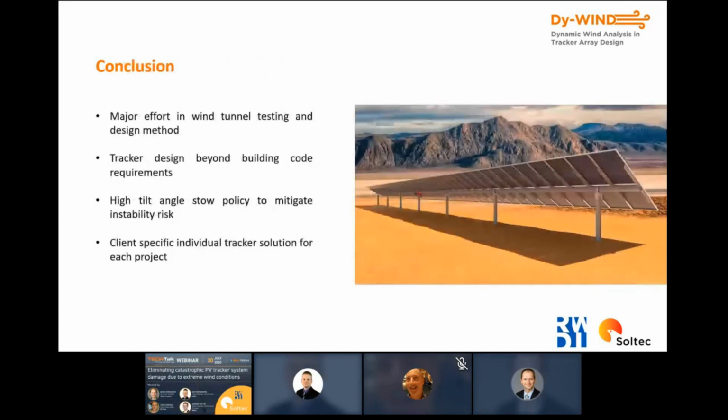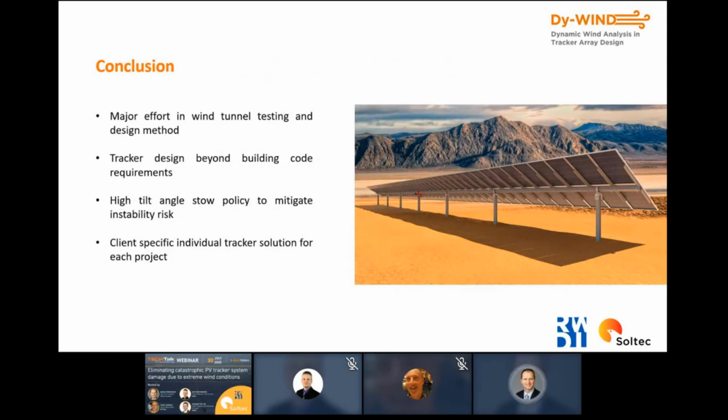Yeah, thank you, Matthew. As a summary of this presentation, I want to point out that Soltech is investing a lot of effort in wind tunnel testing and also the development of design methods when it comes to wind load. And this is beyond the requirements of building codes. It's much more detailed.